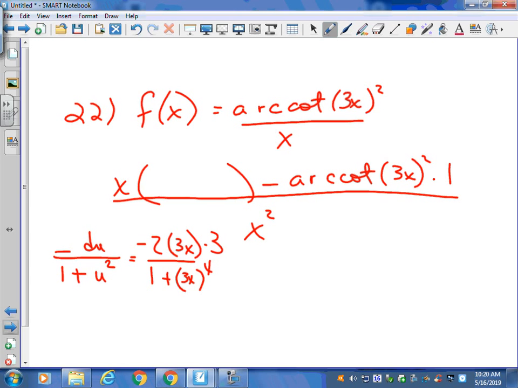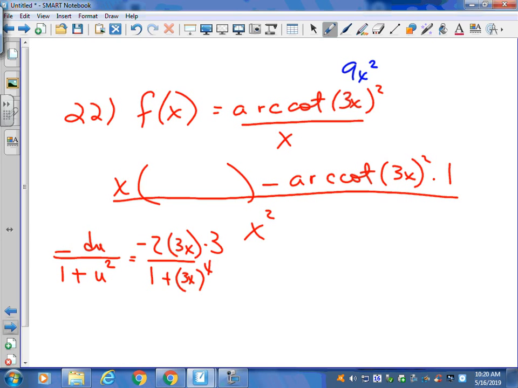Now, you could have done this, and this would have made that part a little easier. Let's see if we get the same answer. You could have squared this first. Does that make sense? Then when I put the 2 in front, that would make negative 18x. Is 2 times 3 times 3 going to make negative 18x?